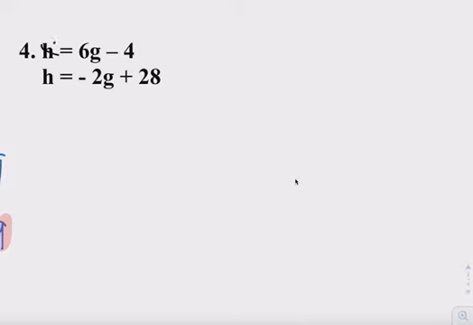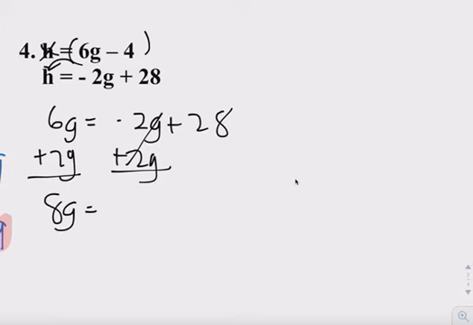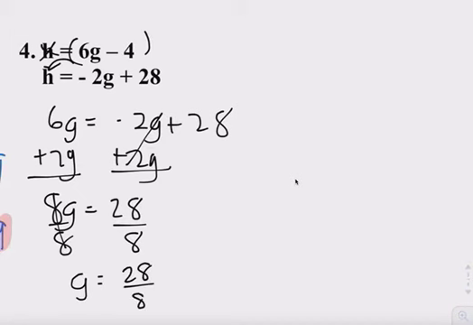I apologize. Cross this out, substitute this in. 6g equals negative 2g plus 28. Add 2g. Okay, let's leave it like this: 28 over 8.